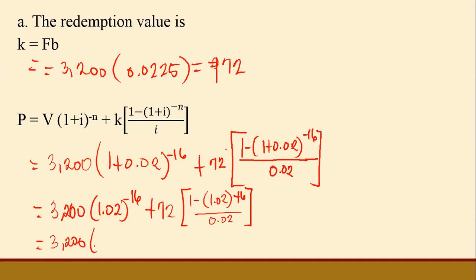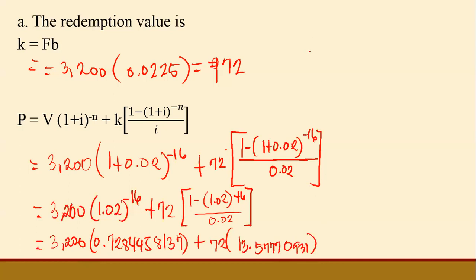Okay? Next. Let us continue the calculation. What is the value of this? You can use your calculator. So this is equal to 0.728445813 plus 72 times the value of this one, which is 13.5777091.